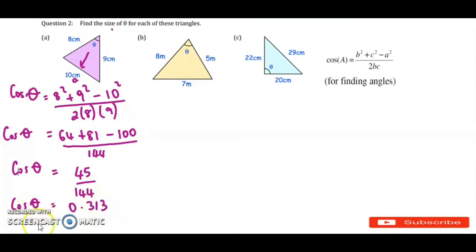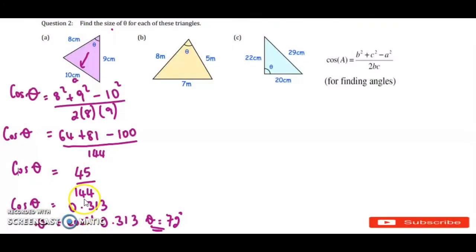And in order to get theta, I'm going to say theta is equal to the cos inverse of 0.313. So put that in your calculator, the inverse of cos 0.313, and you're going to give your answer to the nearest whole number. Here theta is equal to 72 degrees.